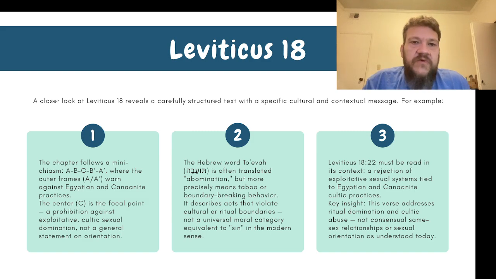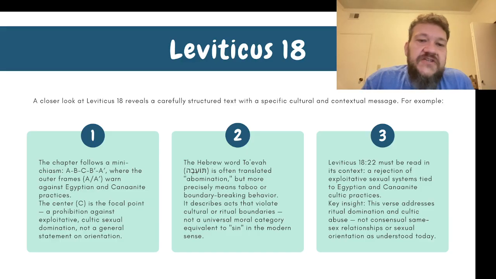So when we read this passage in Leviticus 18:22, and we're coming to the end of our session for today, in the middle of the holiness code, we read, "You shall not lie with a male as with a woman, it is an abomination." That is the NRSV, the New Revised Standard Version.